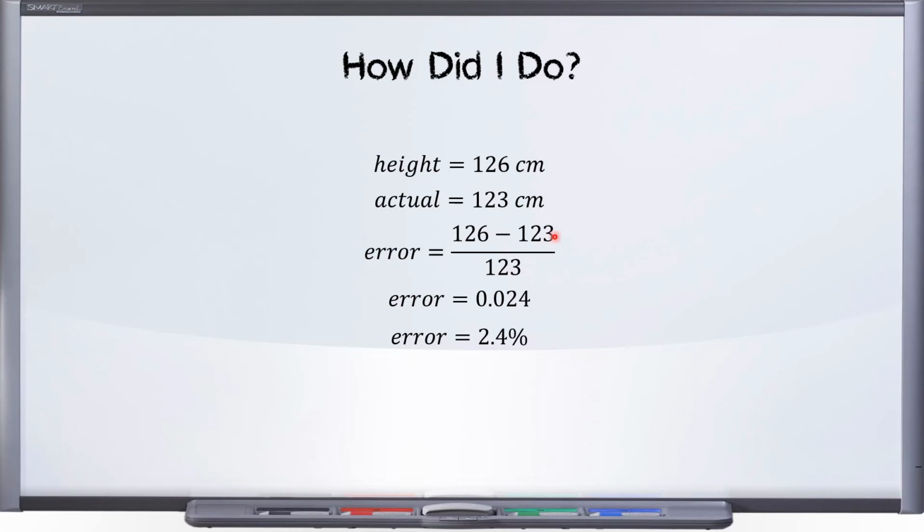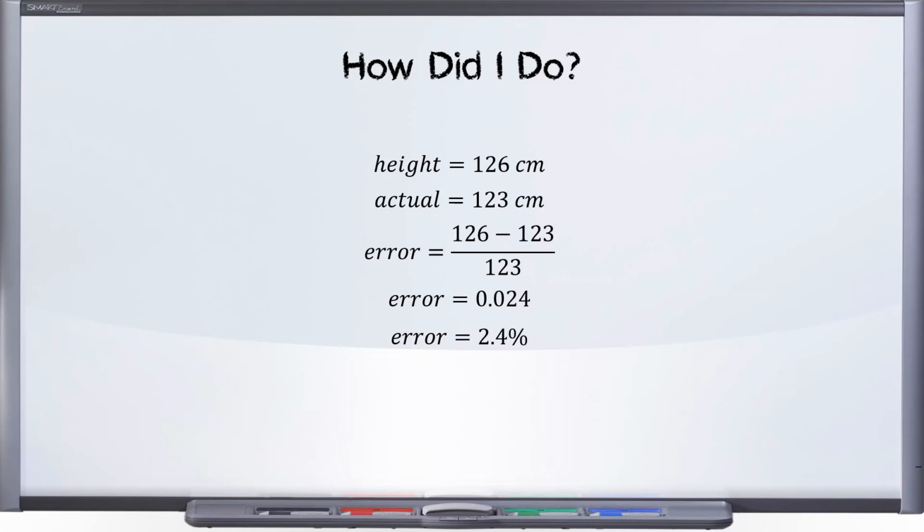The error can be expressed as a ratio or as a percent, like so. The calculated amount I got was 126 centimeters. The actual was 123. As an error amount, that is this, or in percent, 2.4%.